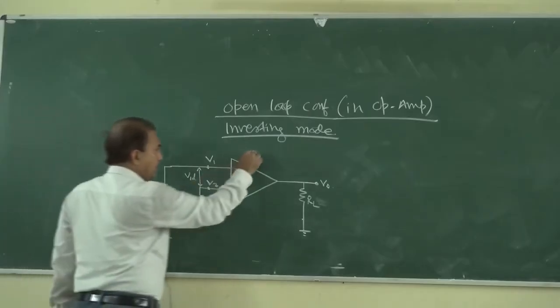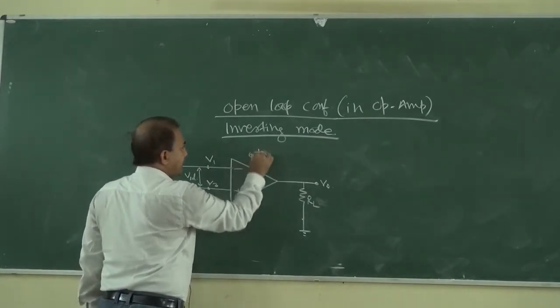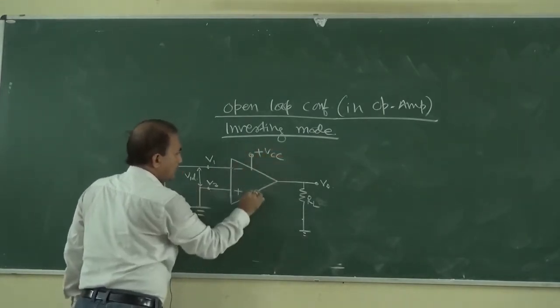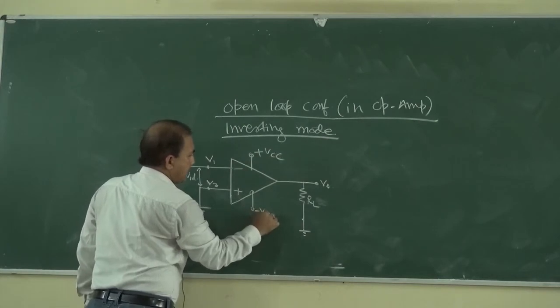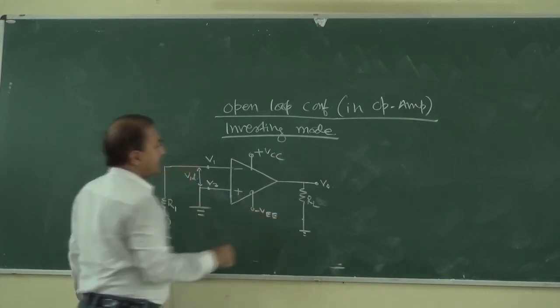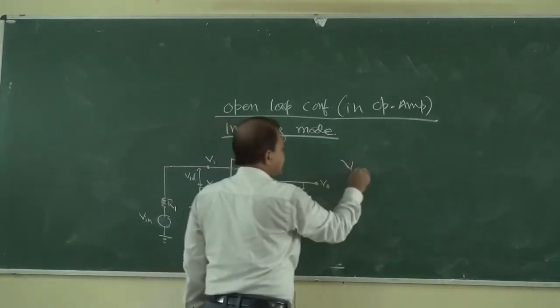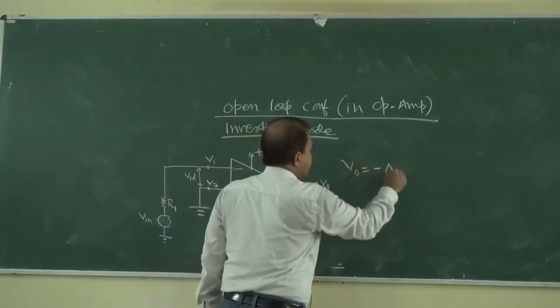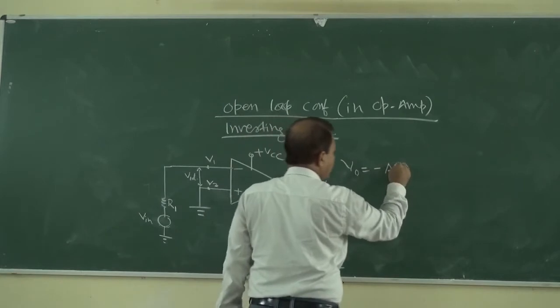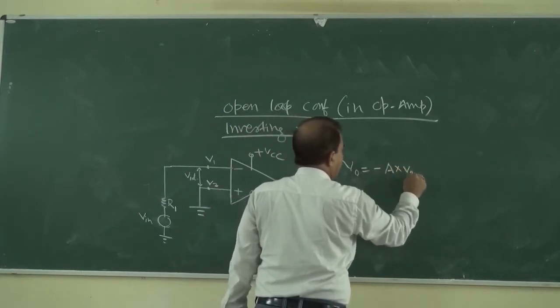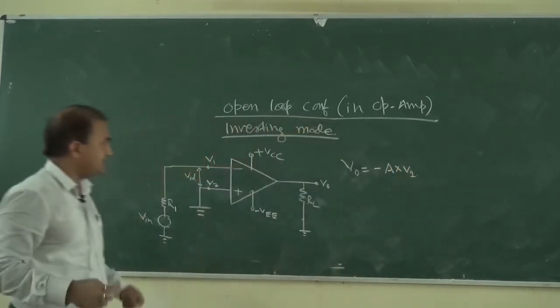The circuit diagram of an operational amplifier in inverting mode. In case of inverting mode, V output is equal to minus A into V1. How is it written like this?